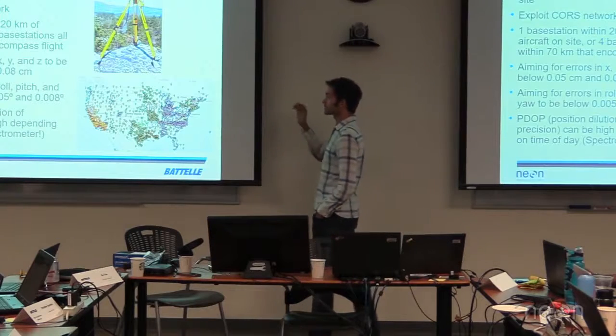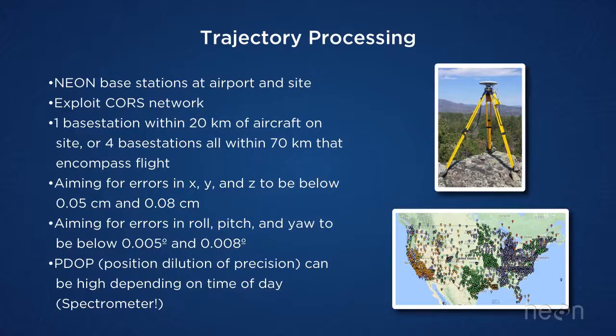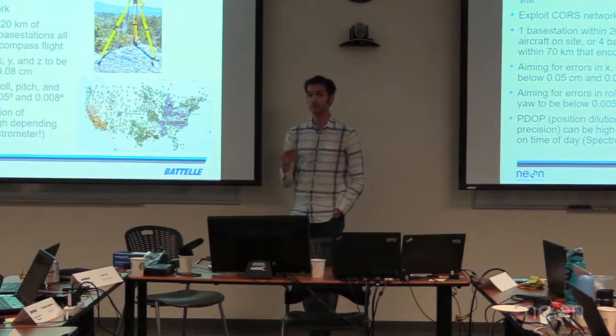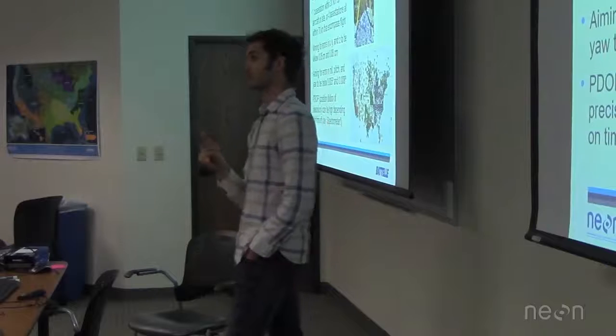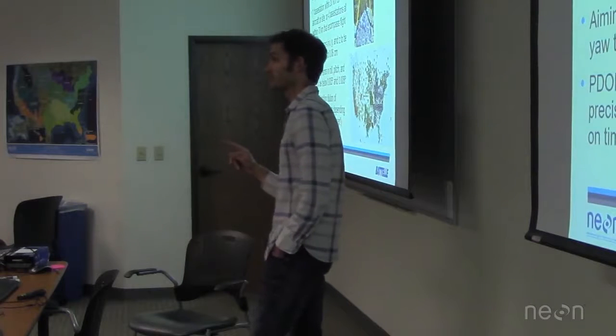In order to position all of the LiDAR data, we also have to determine a trajectory. This is the information that the GPS IMU collects. As part of that, we set up GPS base stations in the local vicinity of our survey areas. I think somebody asked about this yesterday.